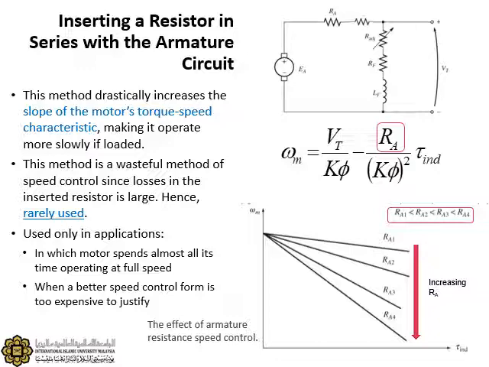Again, if you look at the schematic diagram or the equivalent circuit of the motor, the resistor that we are adding in this technique is this resistor here. You can see in the schematic diagram, the one that I've just circled in red, that is the resistor that we add when we want to use this technique.